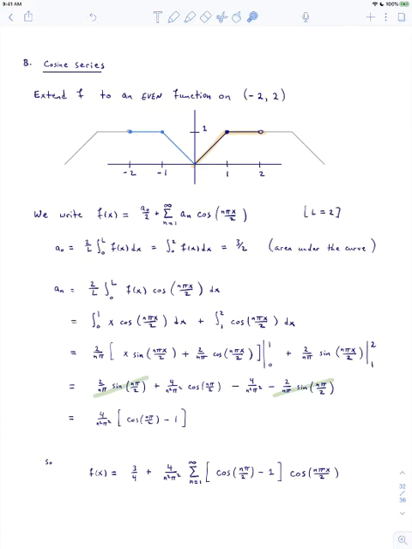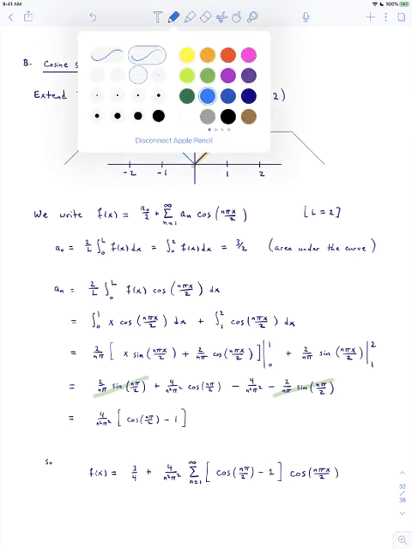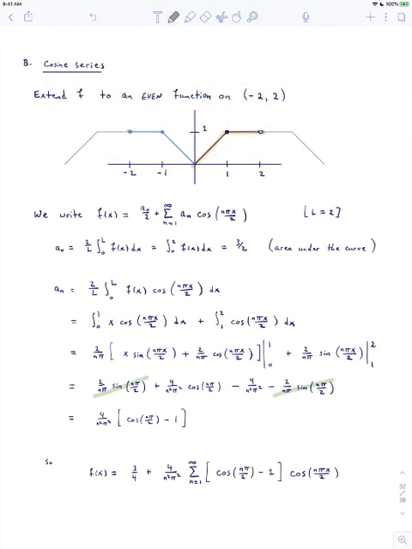And we extend it periodically, so it's just going to continue. So it goes back up. I could probably fit another full period here, so it's going to look something like this, and then like that, and like that.